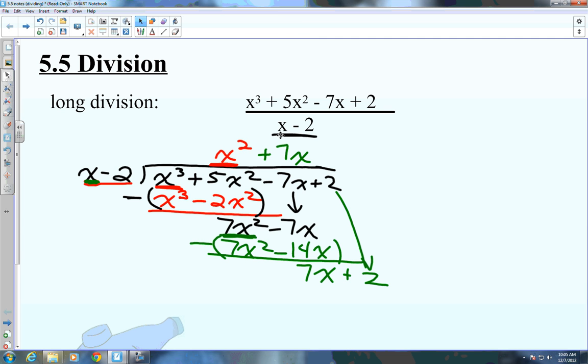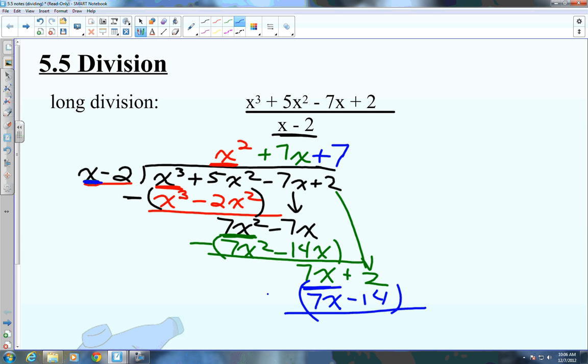Okay, well, we can still divide it some more, so we keep going. So now I look at the x again, and I look at the 7x. What would I take times x to get 7x? I say plus 7. I take 7 times x, and I get 7x. 7 times negative 2 is minus 14.